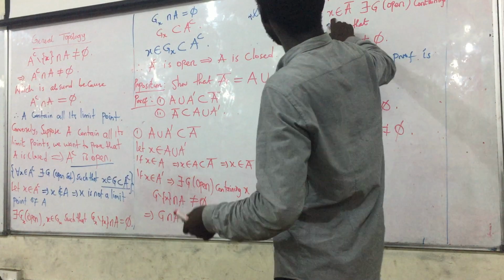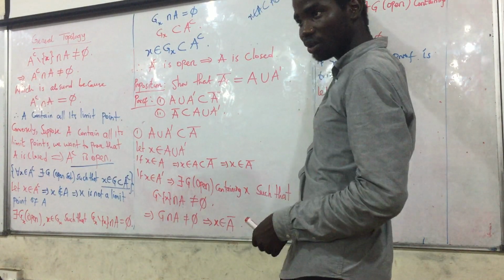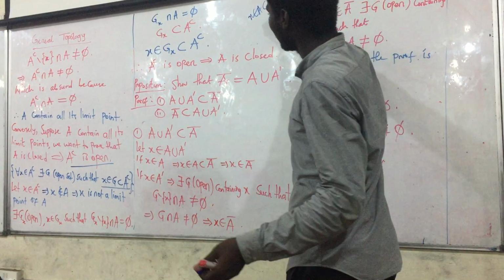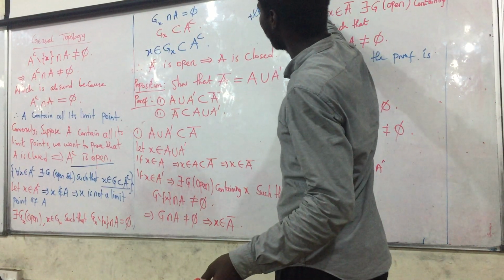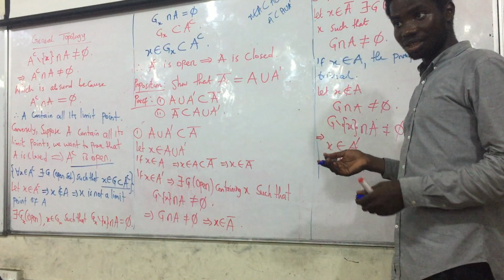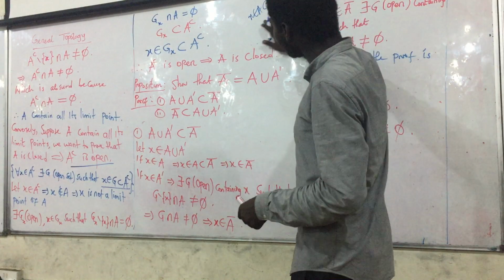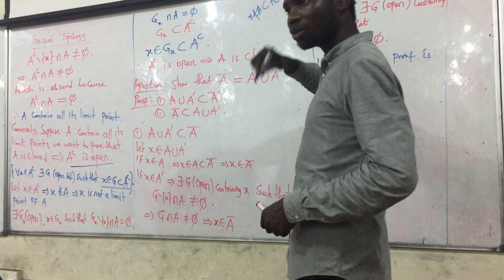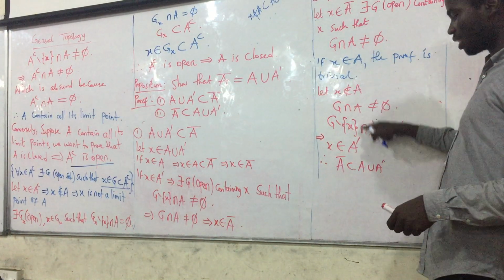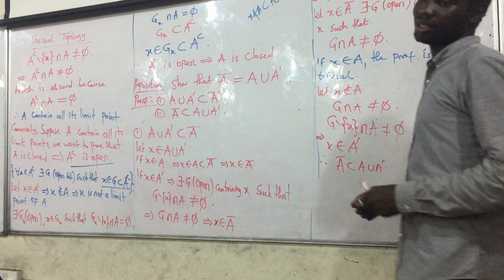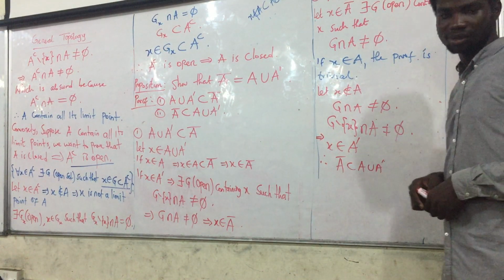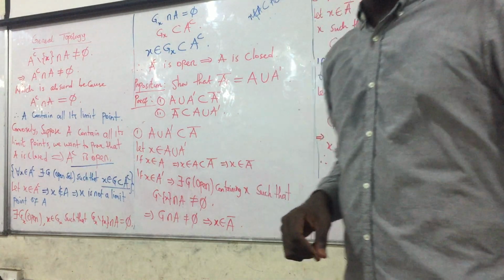And I said let S be in A closure. So we are done with the proof. But if S is not in A, this is what we have to do.